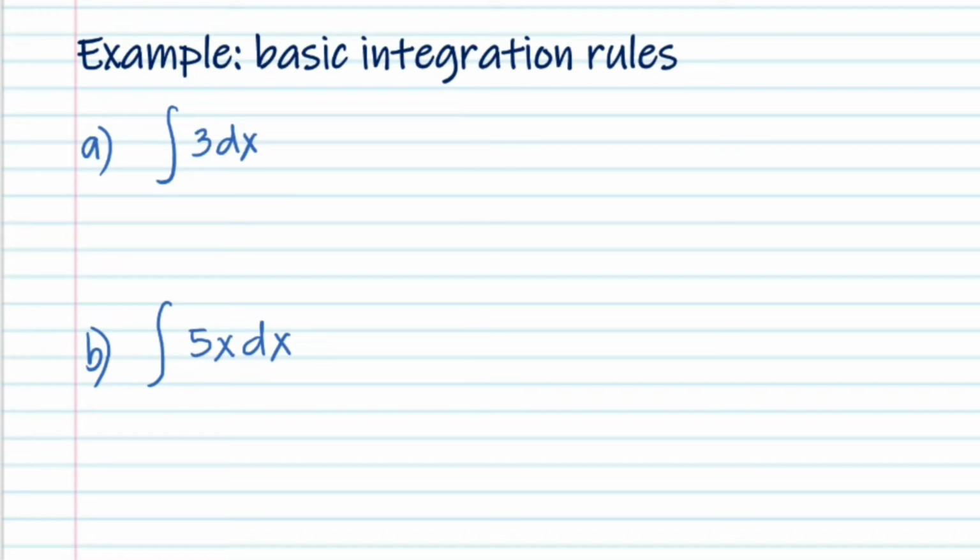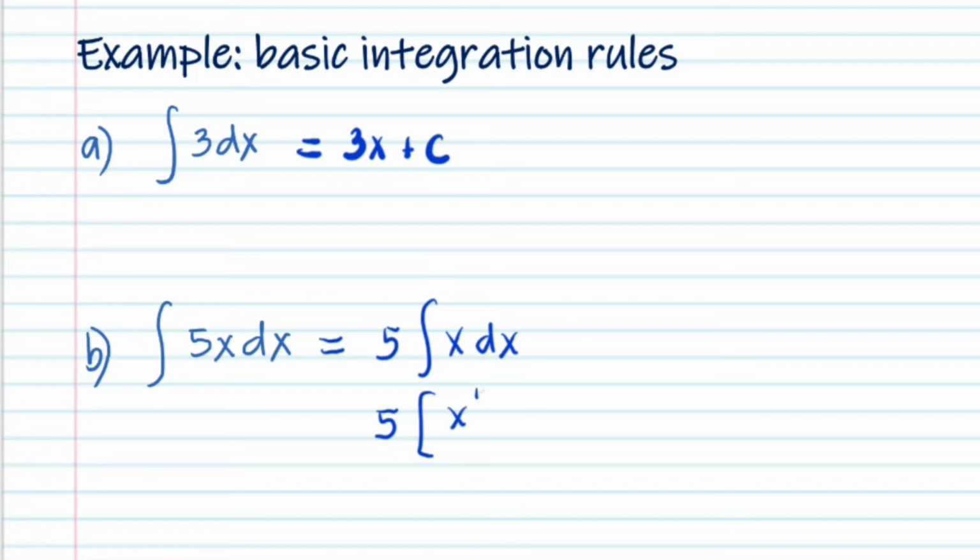We have the antiderivative of 3 dx. We get 3x plus c. Another example, we let out 5, then we have x dx. 5 times x to the 1 plus 1 over 1 plus 1 plus c.